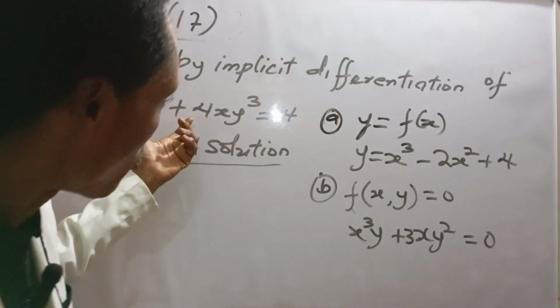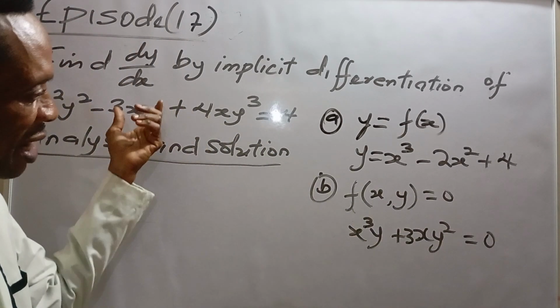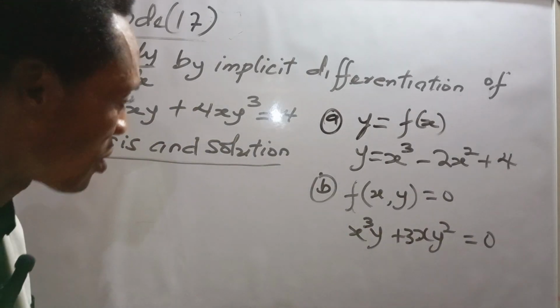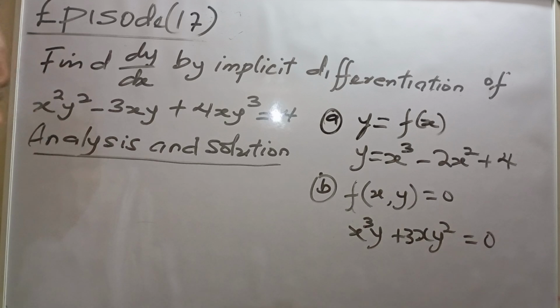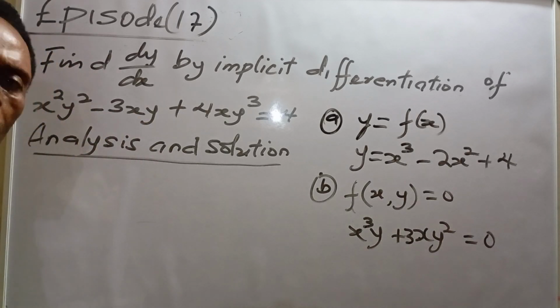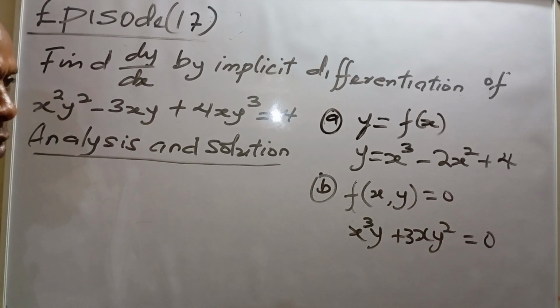If you look at the question on the board, you discover that it is an implicit differentiation. When dealing with implicit differentiation, we solve using what we call the product rule. In differentiation, we have different rules: first principle, sum or difference of functions, product rule, quotient rule, and others.